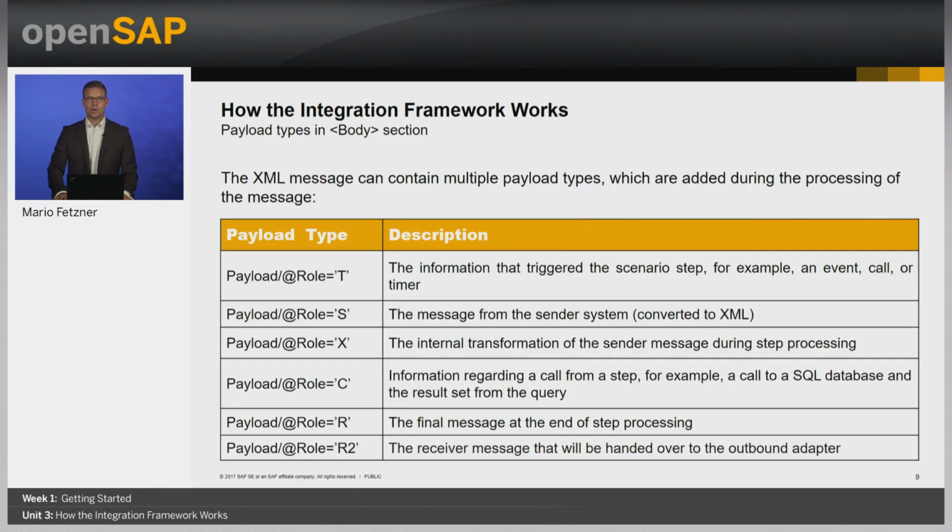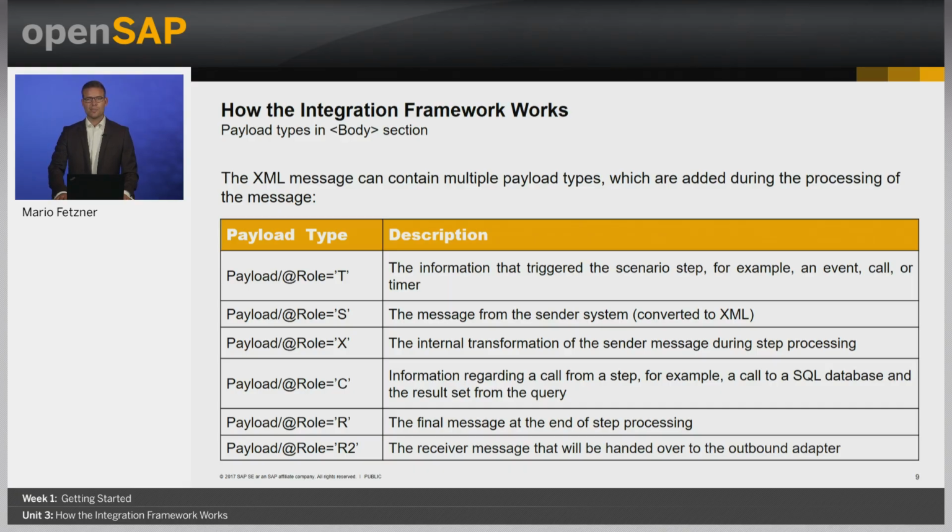The payload types of the XML message depend to some extent on the step design, but can include type T, which contains a description of the trigger for the step, type S, which contains the incoming data from the sender converted to XML, type X, which shows any internal transformation of the sender message.